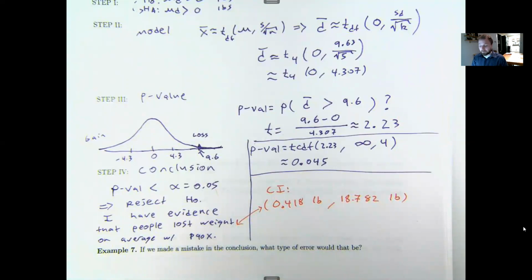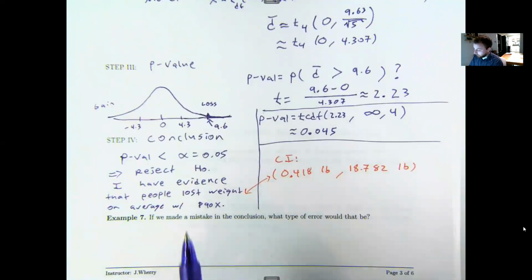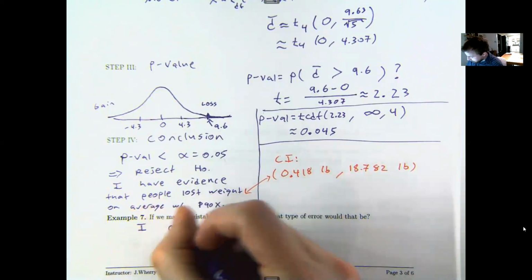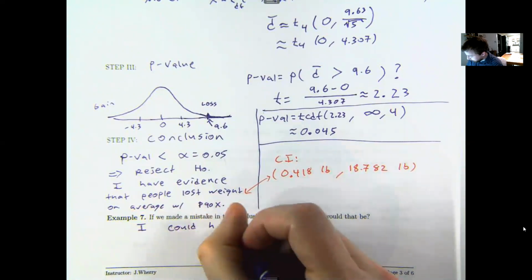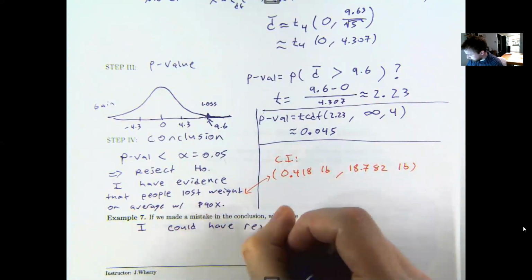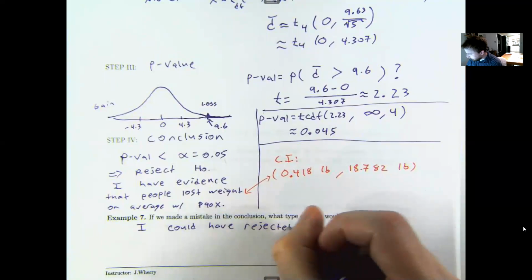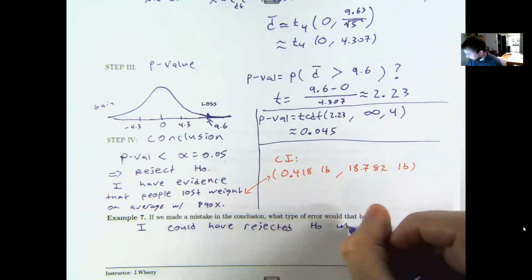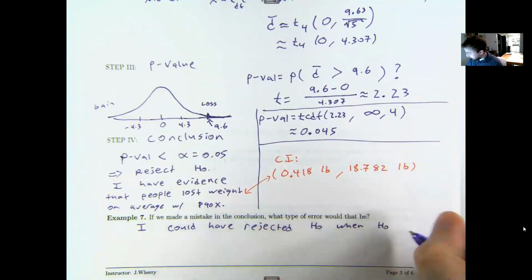Now, all of this still follows the same vocab as before. So in this situation, if I made an error, and it's possible that I make an error because I have a really small sample size, probably too small of a sample size to actually do any of this analysis, then I could have rejected the null hypothesis when the null hypothesis is true.